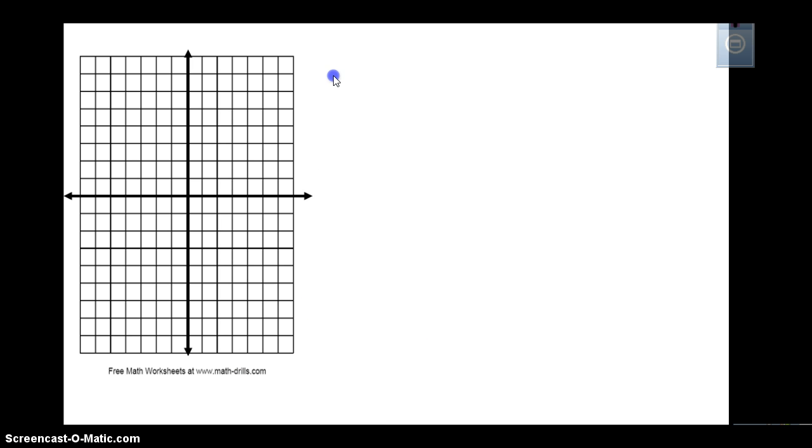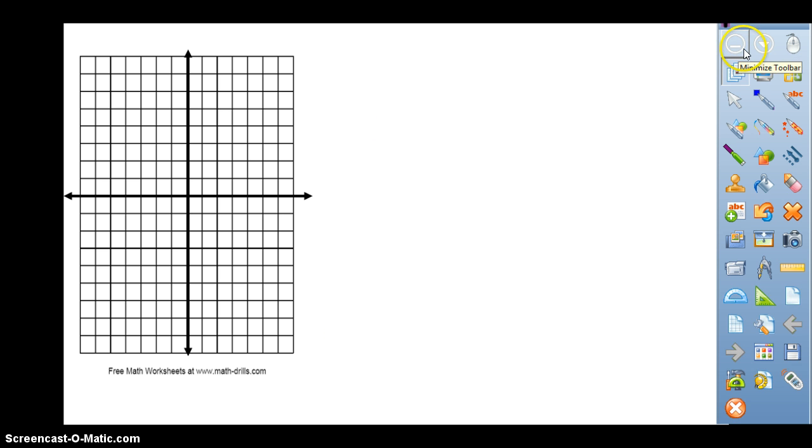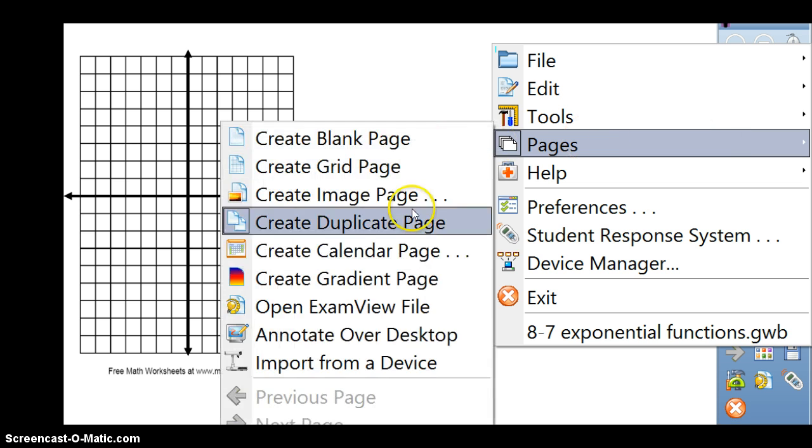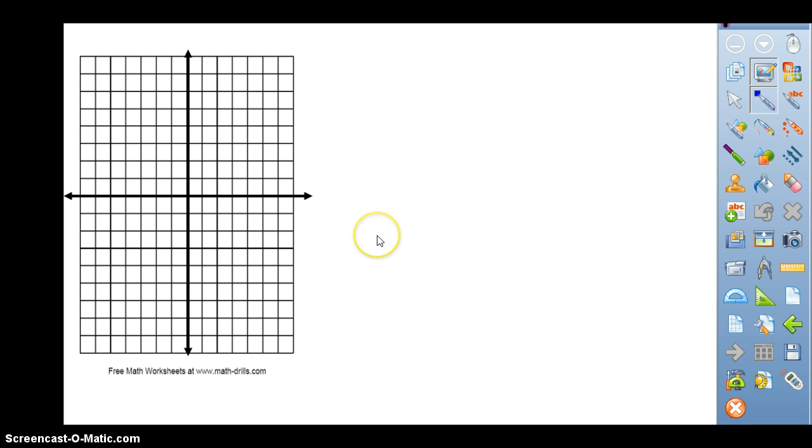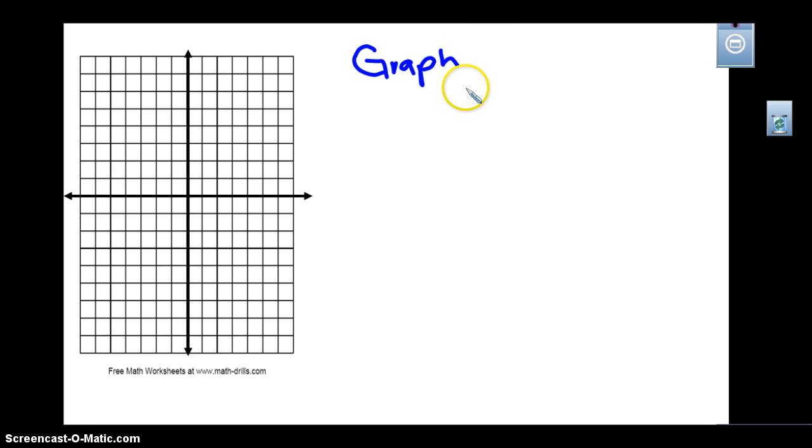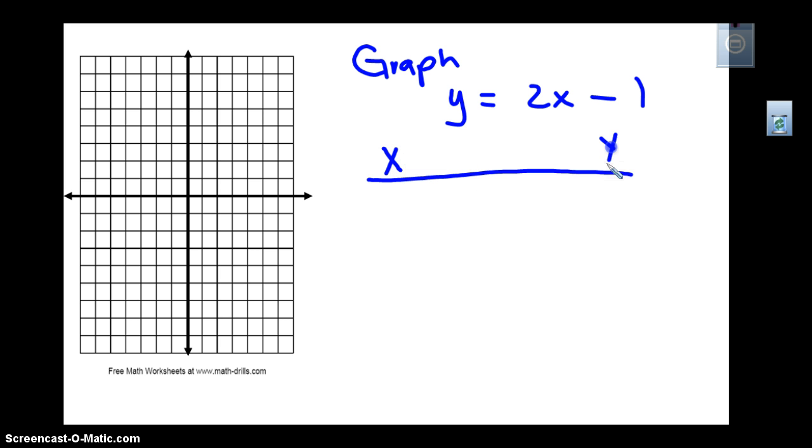So if we are asked to graph an equation, if we have to graph y equals 2x minus 1, we have to come up with a table to find the solution. So we're going to create an x and y table.